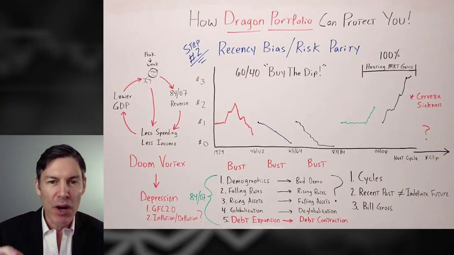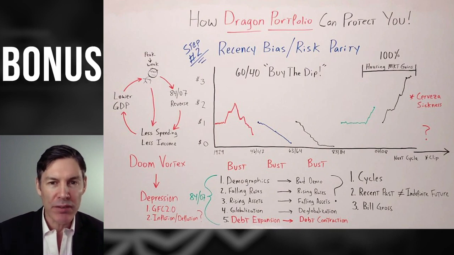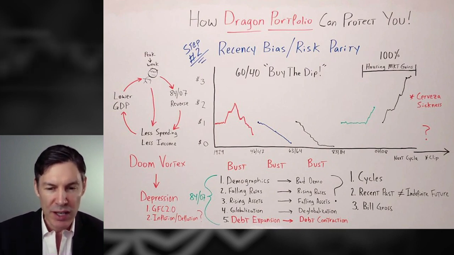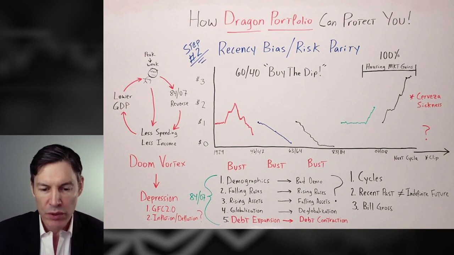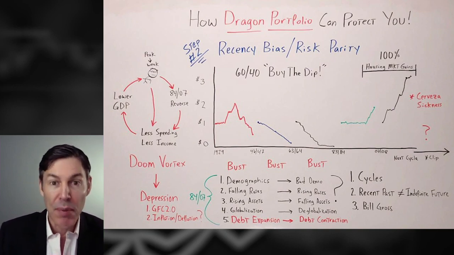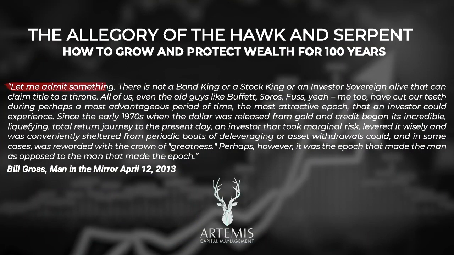Whoa, time out. I wanted to throw in another bonus from Chris Cole's paper just to give you some food for thought. It's a quote from Bill Gross, the bond king himself. Let me admit something, Bill Gross says. There isn't a bond king or a stock king, or an investor sovereign alive that can claim title to a throne.